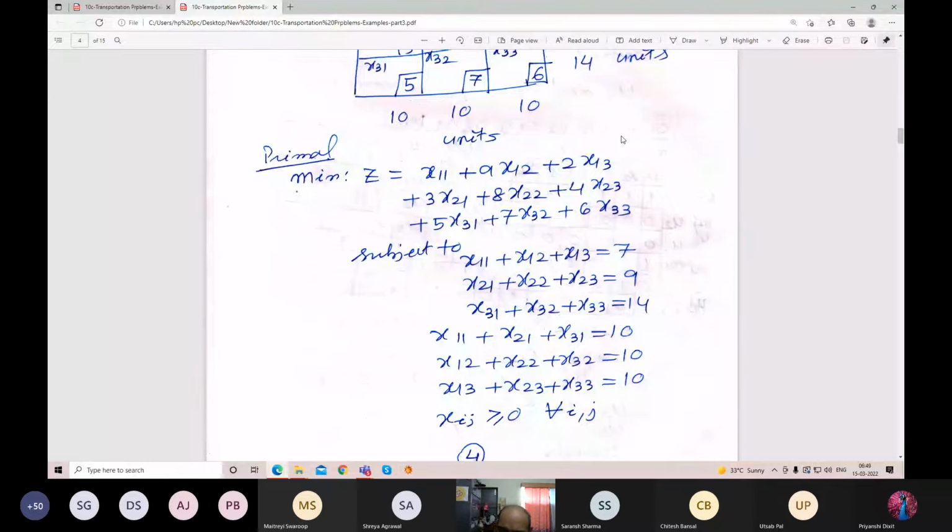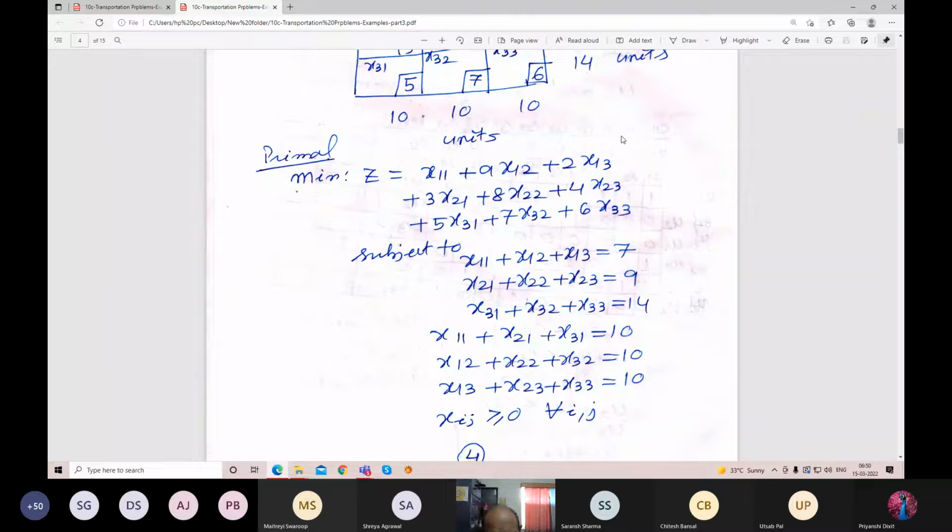Now, what is your aim? We would like to find a solution. As you know, the transportation problem we solve using 2 different phases. Why 2 different phases? We find a trial solution, a basic feasible solution, and we test whether this given solution is optimal or not.